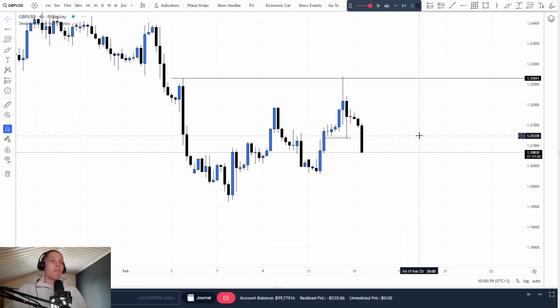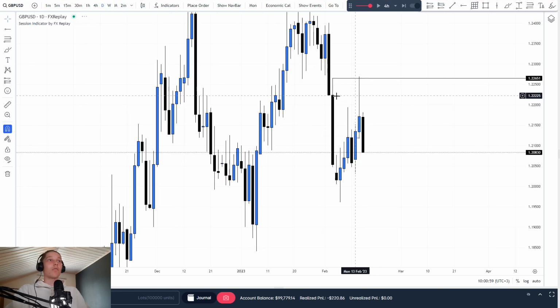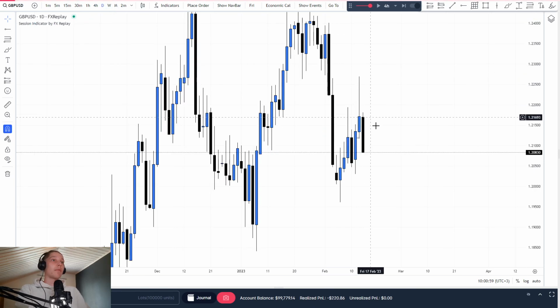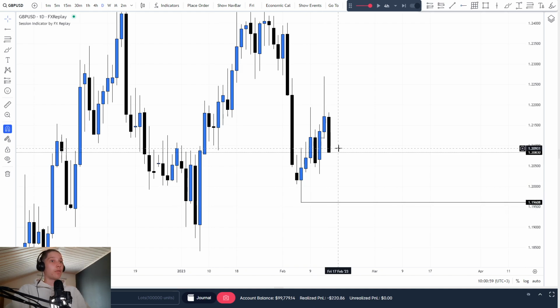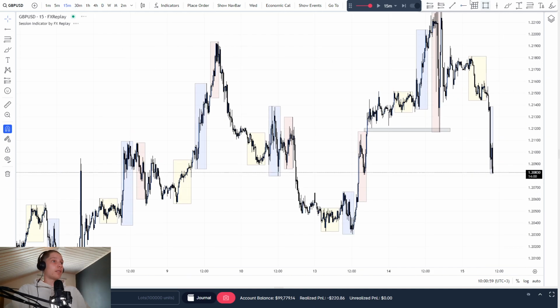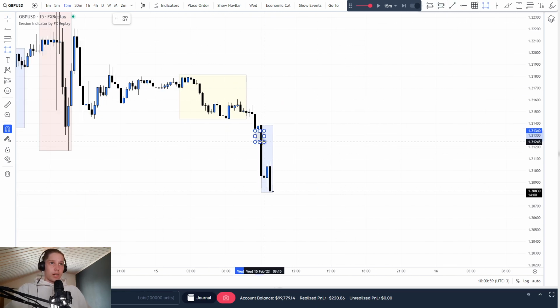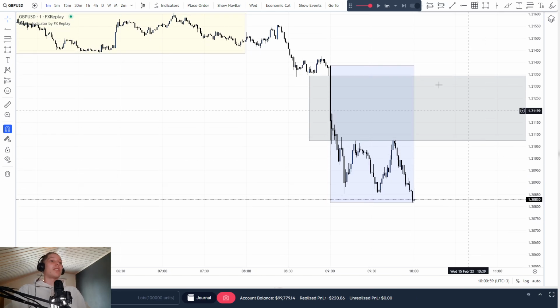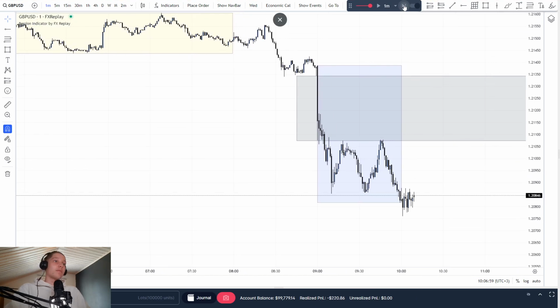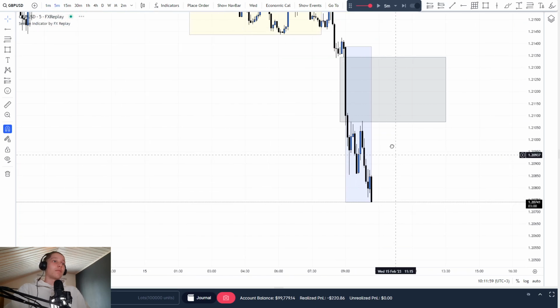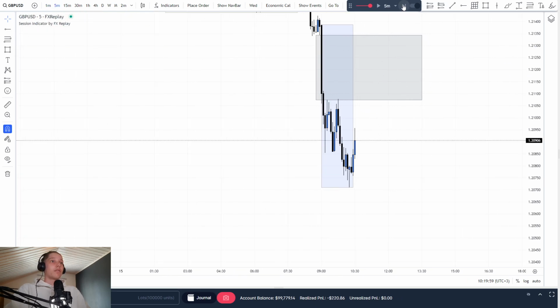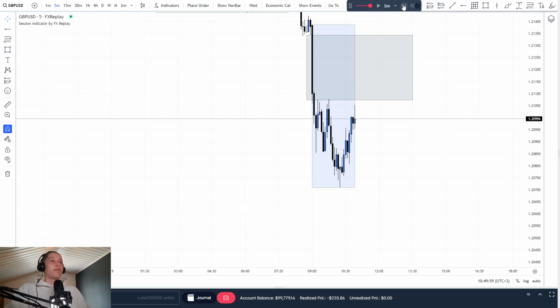But now that we've taken all of that, even the extreme fair value gap up here, now I think we could be falling heavily, which just means that we are in sell model, which means by extension that I want to see the market coming back here. Realistically, I would want to see that before moving lower, but I guess the market is a little bit too bearish right now.